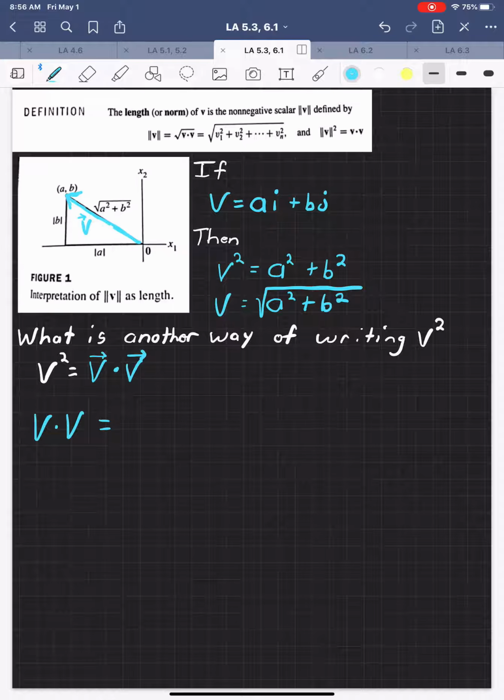Since v dot v is equal to v squared, that would mean the dot product of v with itself is also equal to a squared plus b squared, right? Makes perfect sense.